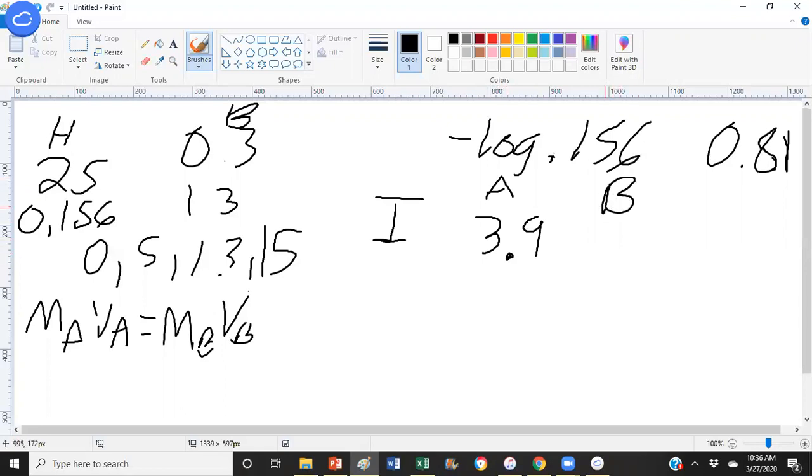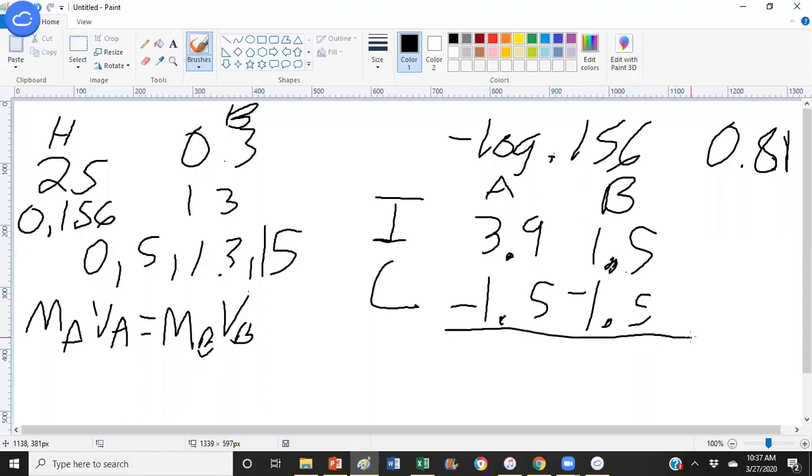The base, which is 0.3 times 5 mLs, is 1.5 millimoles. For C, we subtract out the smaller number, so we subtract out 1.5. So how much acid is left? We're going to have 2.4 millimoles of acid left and 0 base.